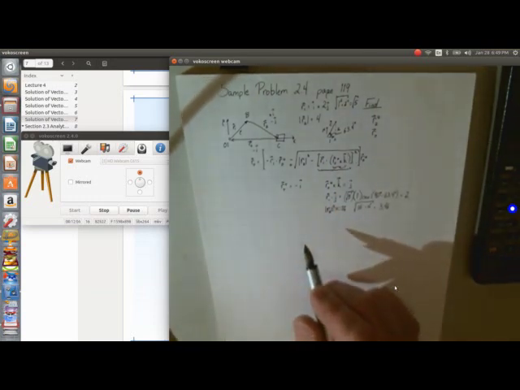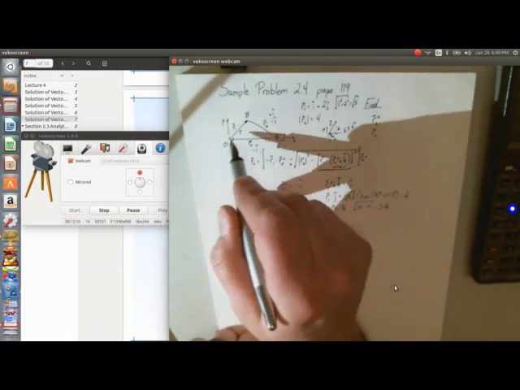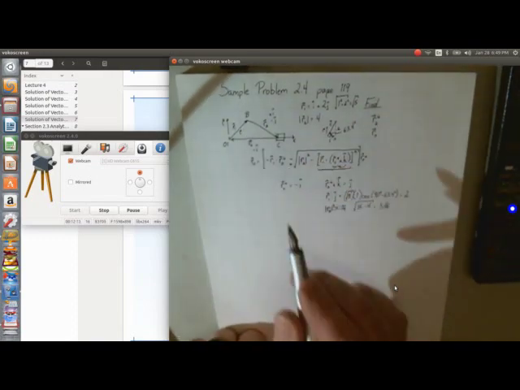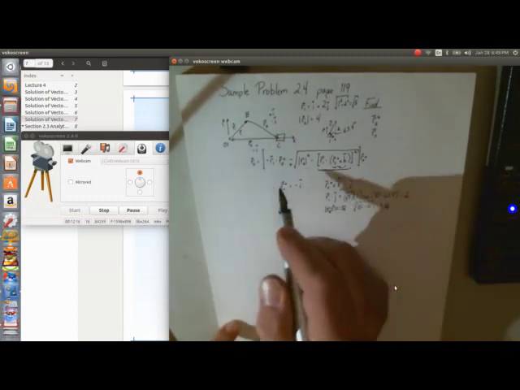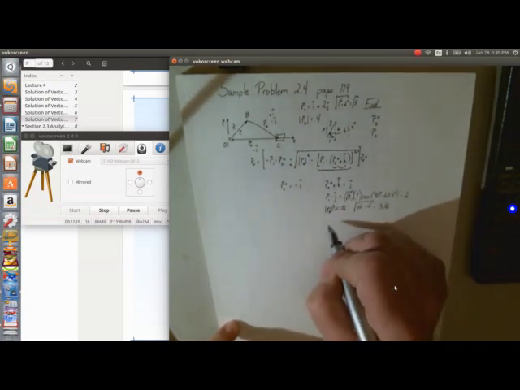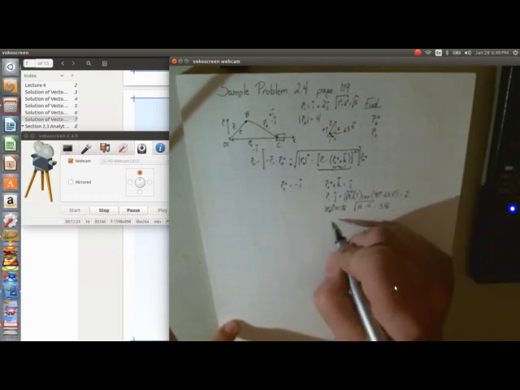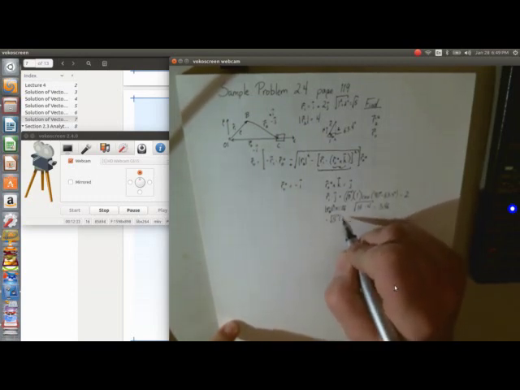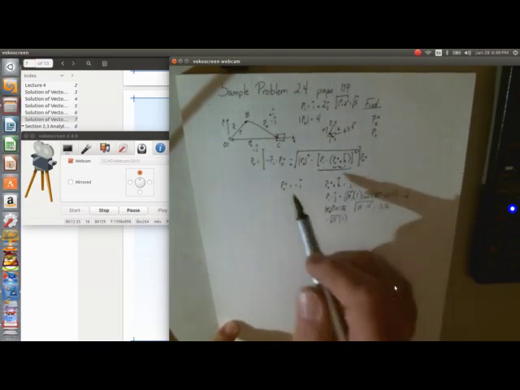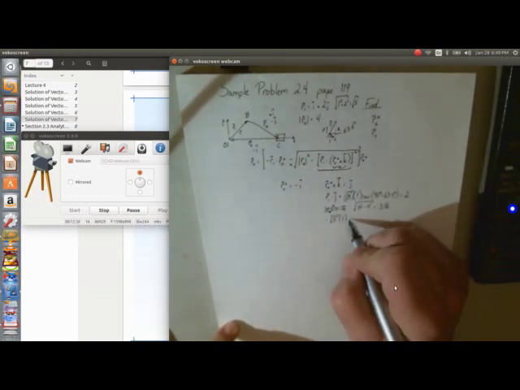Now we are doing this as a clockwise, so we're going to use the lower sign. Therefore, we've got still this negative R1 dot R0. So going with what we had before, negative square root of 5 times 1, the angle between R1 and R0, we already know it's 63.4 degrees.